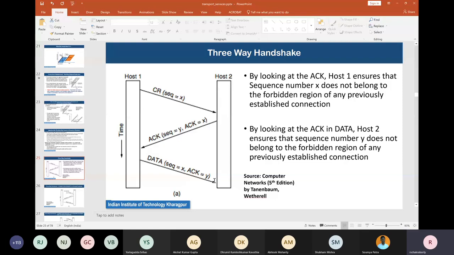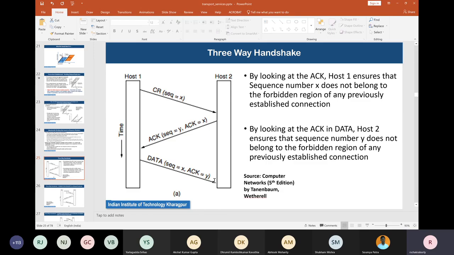Say X is 1000. It can be anything, 1000, 1360, 14,755, something. How it got that value, we will come to it.